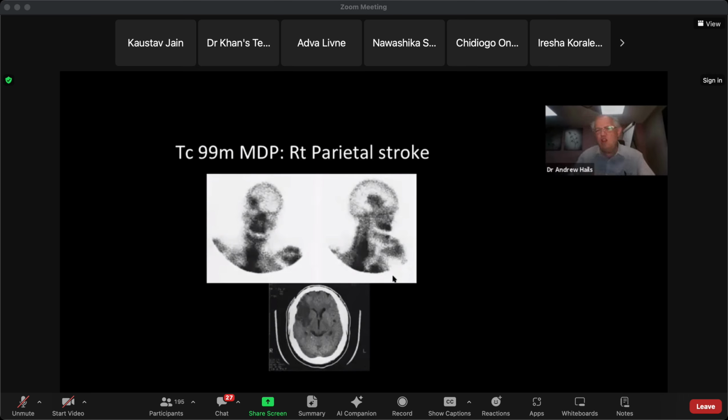I wouldn't say you go around and find these often, but infarcts in the brain, infarcts in the heart can produce increased uptake on a bone scan. Myself, in everyday practice, I would have thought maybe this person's got a meningioma. But this wasn't. This was a stroke.